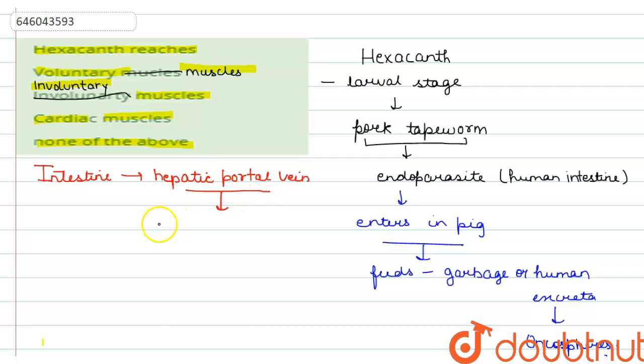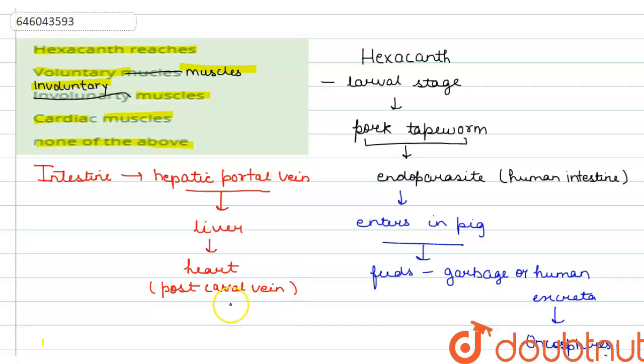It reaches the liver. Now when it reaches the liver, from here it goes to the heart. It reaches the heart through the post-caval vein.